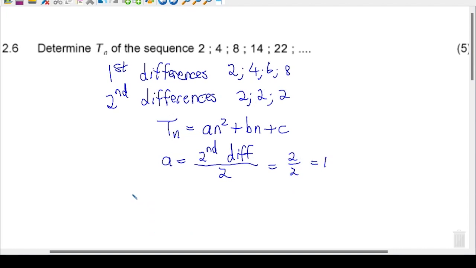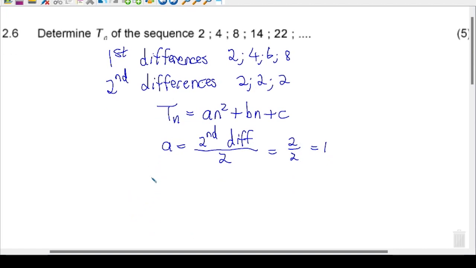Another formula that we're not provided is that 3a plus b is the first term of the first differences. So 3a plus b is T1 of the first differences. Now if we look at our sequence of first differences, our first term there was 2.